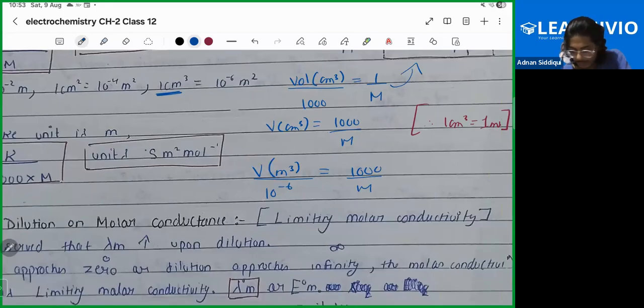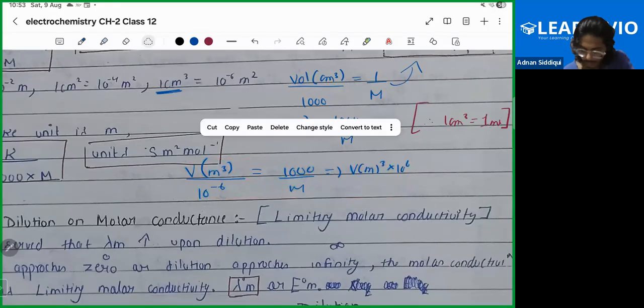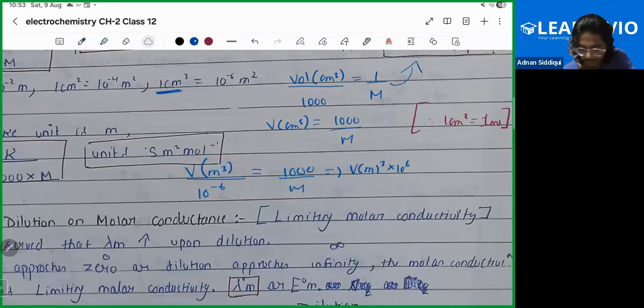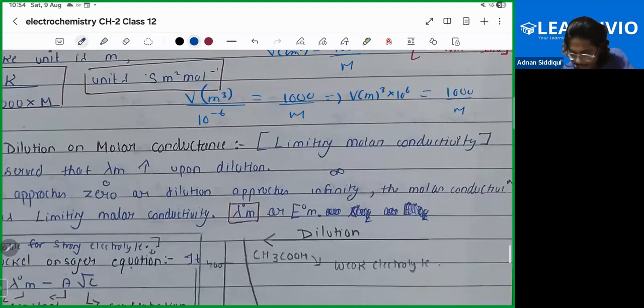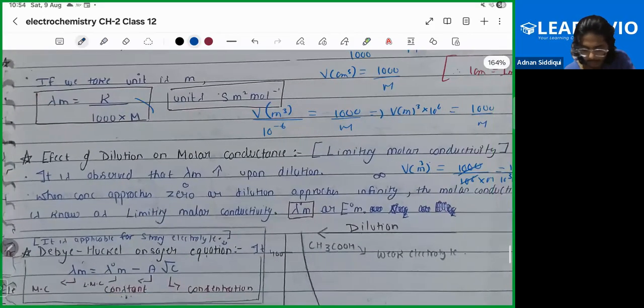Now, you can write it like this: V in meter cube into 10 to the power 6 is equal to 1000 divided by M. Sending this to the right hand side, you observe that V in meter cube is equal to 1000 divided by 10 to the power 6 into M. You are going to get 1 upon 10 to the power 3 M. So this is the formula you derive with the help of that one.